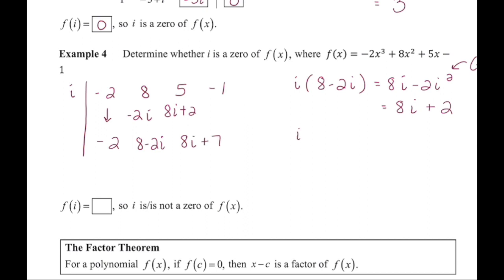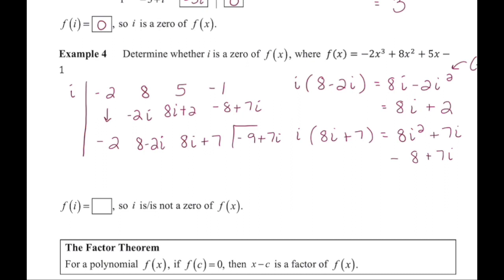Again, I need to take i times 8i plus 7. Distributing, I have 8i squared plus 7i, or -8 plus 7i. We now have -9 plus 7i as our remainder.